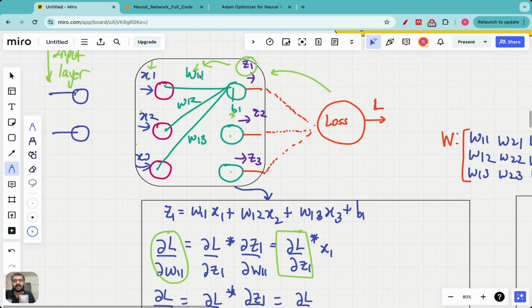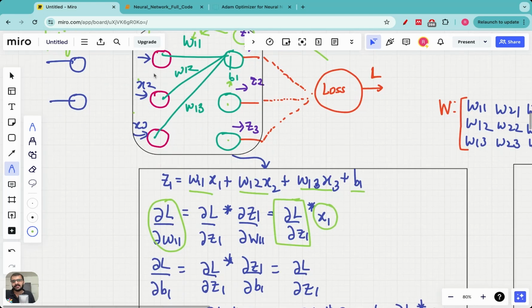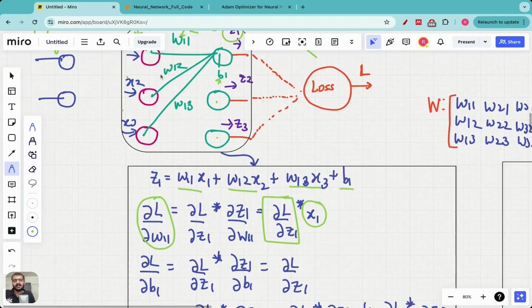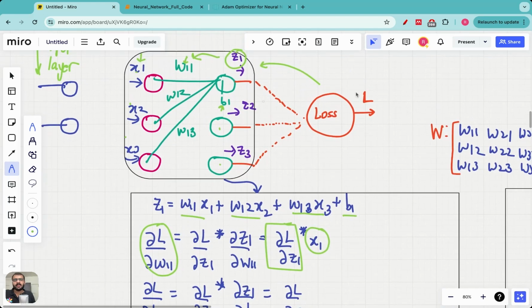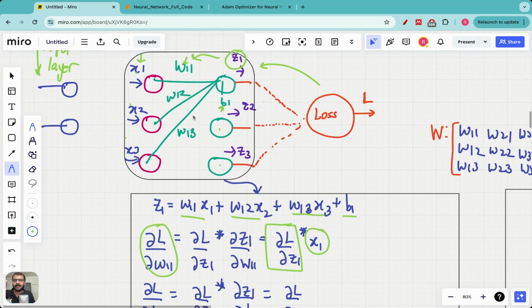So how does Z1 depend on W11? Z1 is W11 x1 plus W12 x2 plus W13 x3 plus b1. So the partial derivative of Z1 with respect to W11 is just x1. So it turns out that the partial derivative of loss with respect to W11 is the partial derivative of loss with respect to Z1 times x1. Similarly, for W12 it will be x2, and for W13 it will be x3.